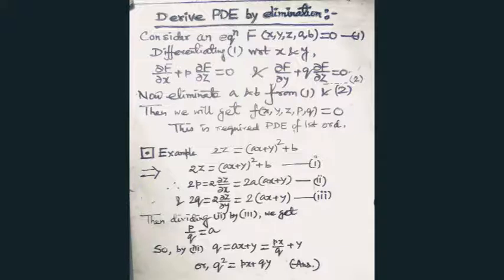Now differentiating the first equation with respect to x and y partially, we get ∂F/∂x + p·∂F/∂z = 0, and also ∂F/∂y + q·∂F/∂z = 0.